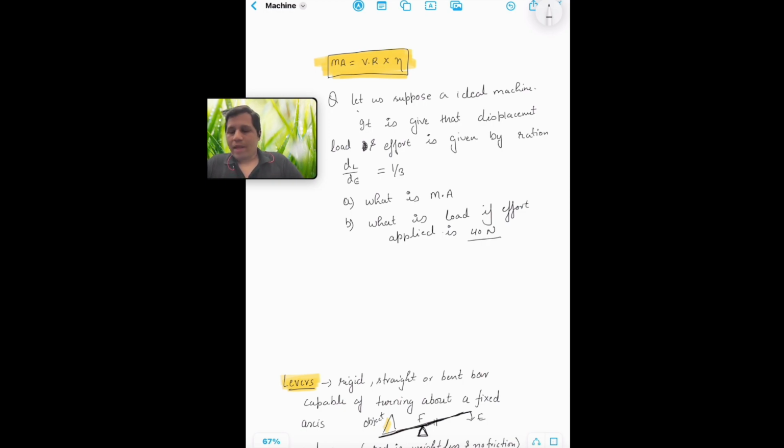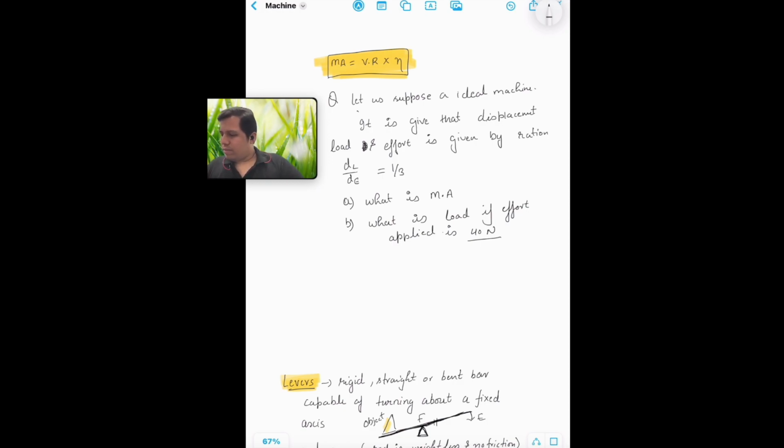Now you have to tell me what the mechanical advantage is and what the load is if the effort applied is 14 Newton. I hope you would have done it. I could not see any comments so far, but if someone has any problem, we will discuss it this time.